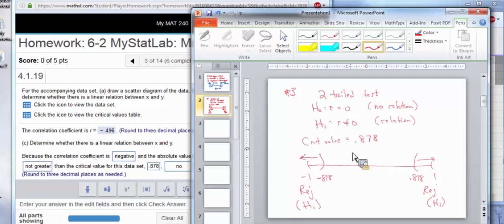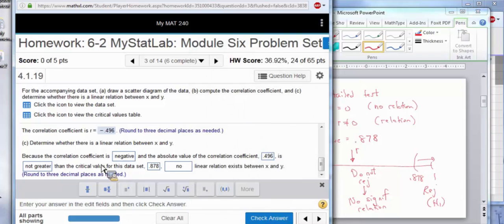In our test statistic, the correlation coefficient is somewhere here in the middle. It's a do not reject. That means there's no significant relation. Basically, 5 points is not very much to show a pattern.